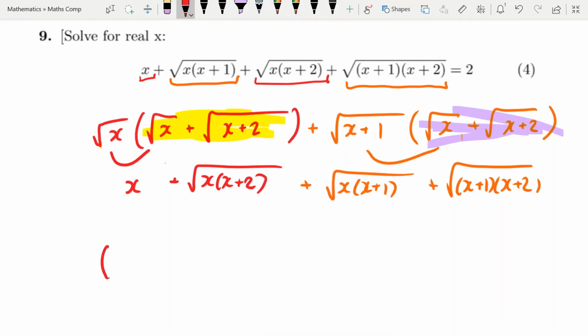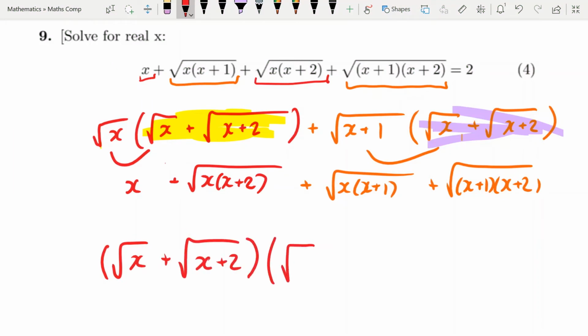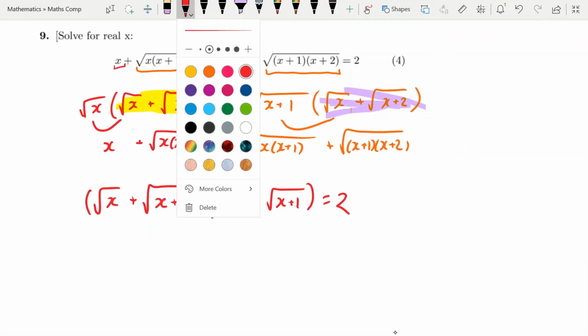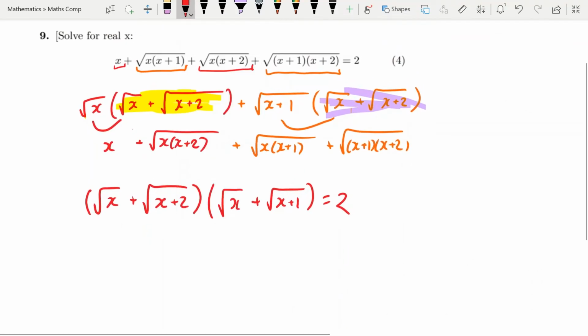You can say altogether you've got root x times root x plus 2, lots of root x plus root x plus 1, and that is equivalent to 2. Nice. So from then on, you may want to divide through by one of these terms and then rationalize.